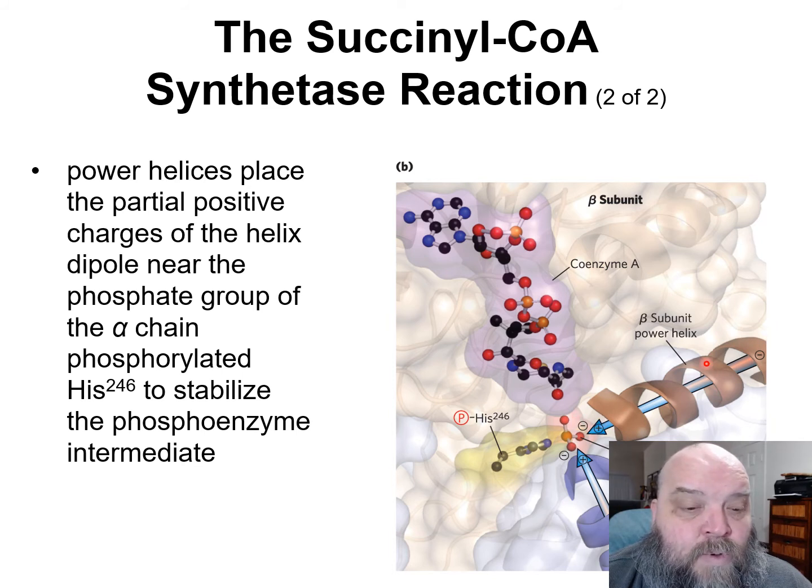So what you end up with is this polarity. This polarity is going to give an overall positive charge here for these two alpha helices, which is going to draw the negative charged 4-carbon carboxyl groups away from histidine, and it's going to aid in positioning and cleaving of the coenzyme A and all of that.